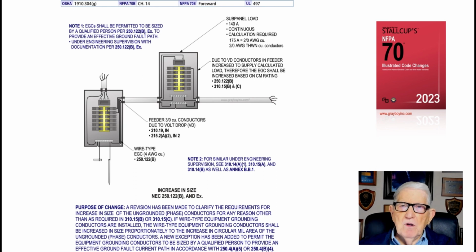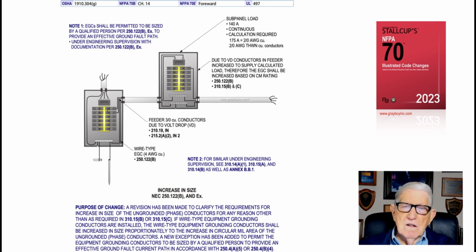But bullet 1 says you should be qualified if you're going to increase the equipment grounding conductor based upon voltage drop, where you increase the ungrounded conductors. And then note 2 says, hey, for similar under engineering supervision, according to the sections listed, the equipment grounding conductor could be increased, and maybe it didn't need to be increased.